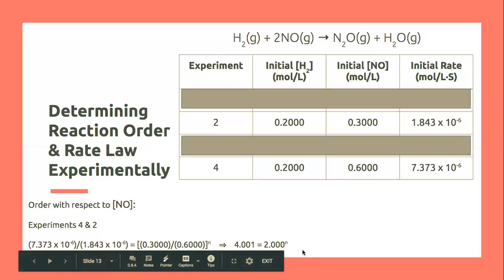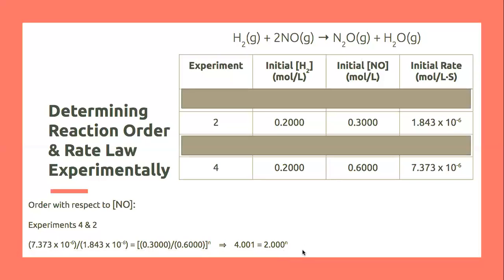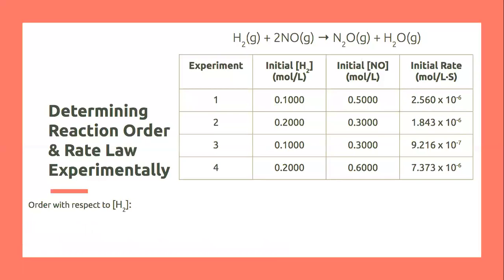You could probably work out what n is on your own, but it is good to practice using our logarithmic bases. So let's solve for n. n is going to equal the log of 4.001 divided by the log of 2.000, which means that n is equal to 2. So if n equals 2, the concentration of NO is which order? It is second order.